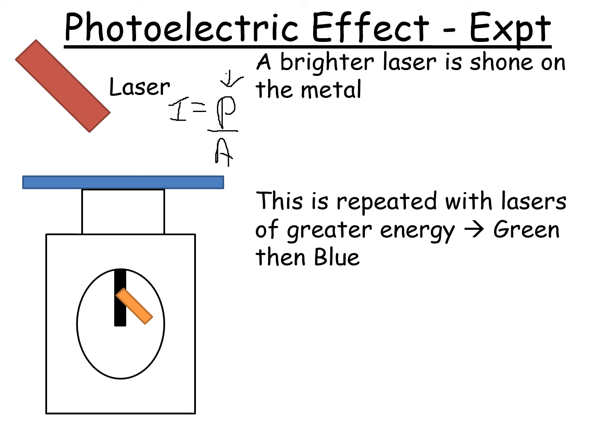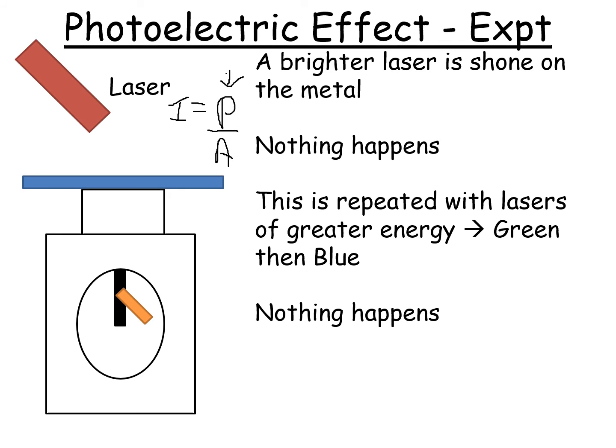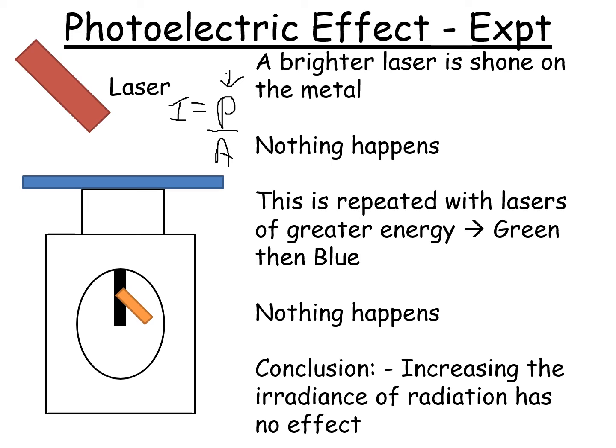So first of all, we do the same thing. We shine a brighter laser that is red, and what we find is nothing happens. We then repeat this with lasers of greater energy, but also greater irradiance, and what do you think happens? Nothing happens again. So what do we conclude? We conclude that increasing the irradiance of radiation has no effect. So again, could you copy this slide down here?